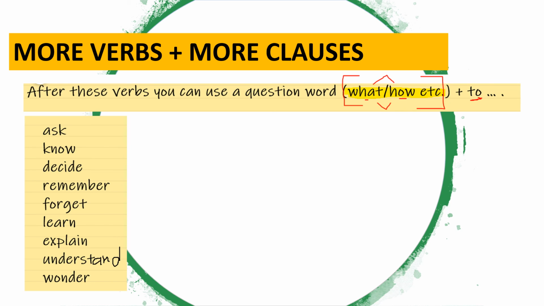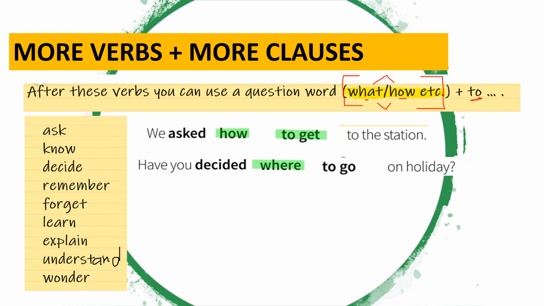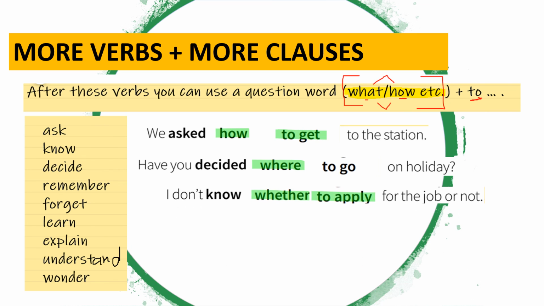We can use these verbs with what, how, to. Look at these examples. We asked how to get to the station. Have you decided where to go on holiday? I don't know whether to apply for the job or not. Do you understand what to do?